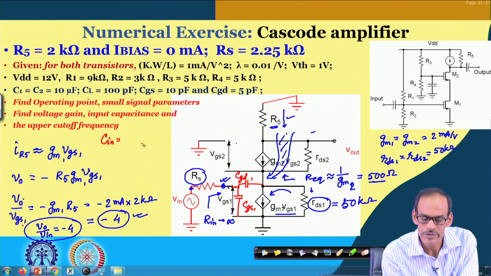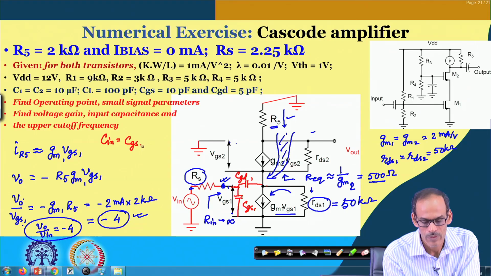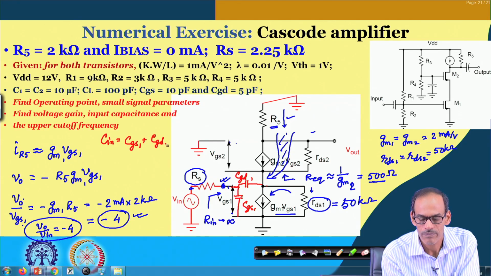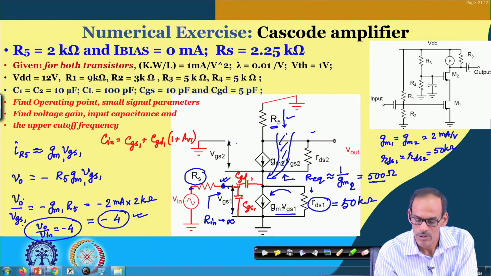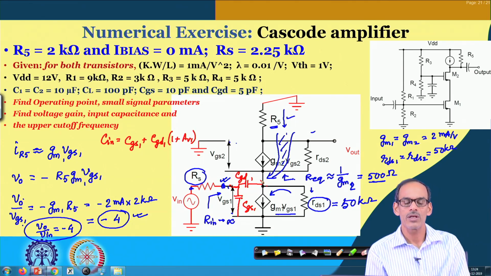So we have CGS1 plus CGD multiplied by 1 plus the gain from gate to drain of transistor 1.